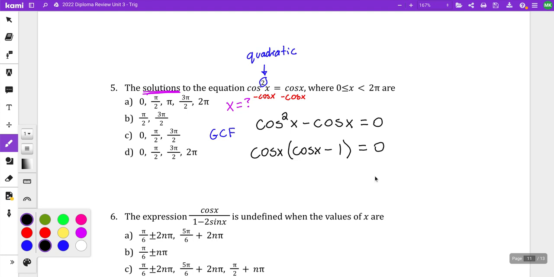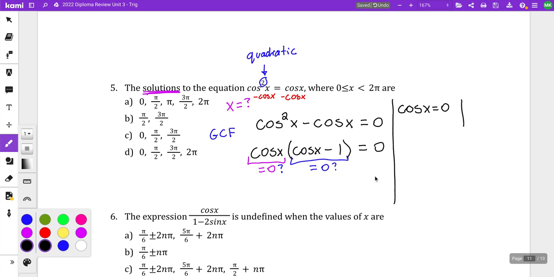Once you've factored, you just have to figure out what would make each one of these equal 0. I like to do it on the side usually, so let's do the first one. Let's figure out what makes cos x equal 0.